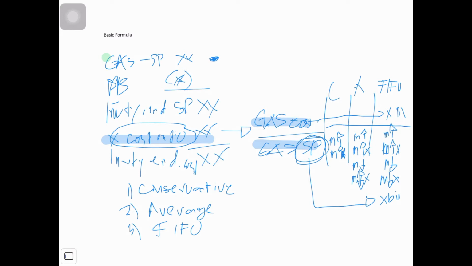So that is how it works in the cost ratio. In goods available for sale, we apply the markup, markup cancellation, markdown, markdown cancellation, and beginning inventory. In the cost ratio, we just use a different value for goods available for sale at selling price, or sometimes goods available for sale at cost, because of these differences.